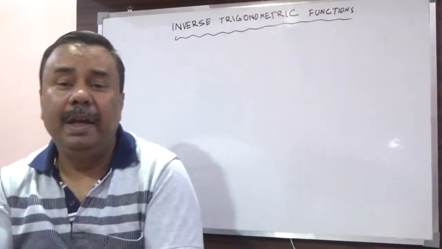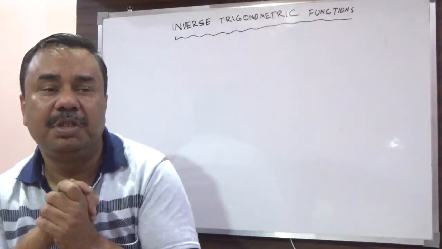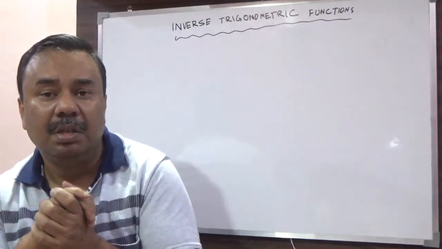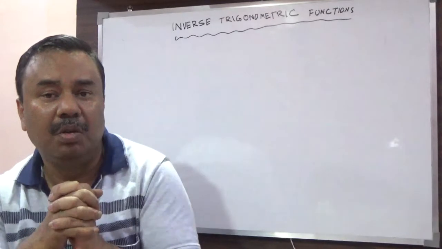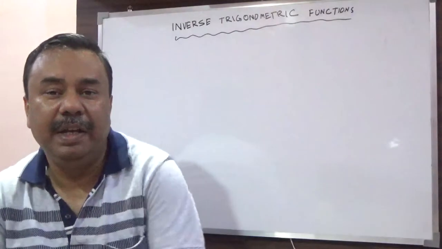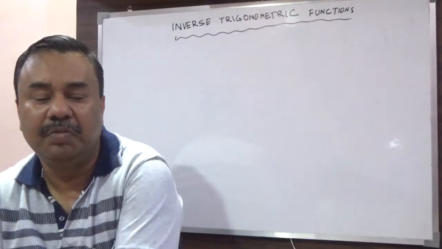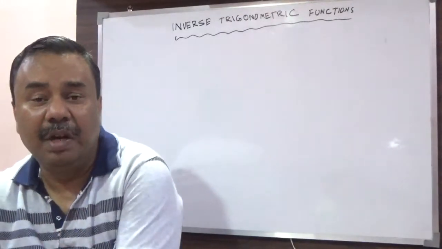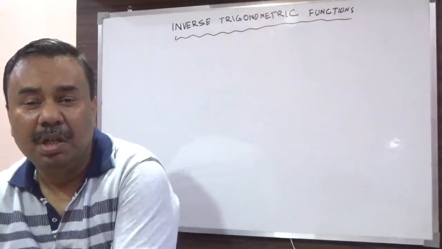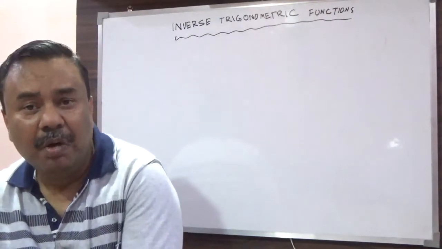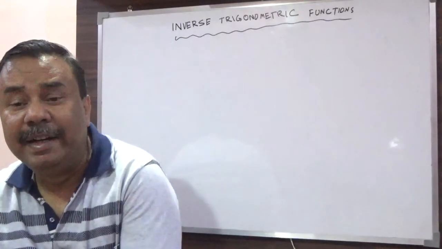Now in the previous class you have studied all angles, so you can find the value for any angle, whether it is 2 degree, 20 degree or 40 degree, and you know how to determine the ratio from the trigonometric tables.